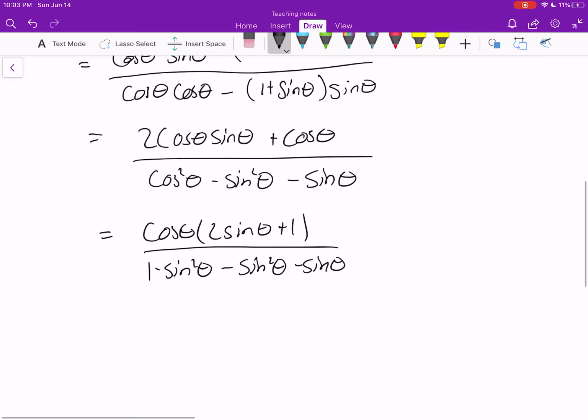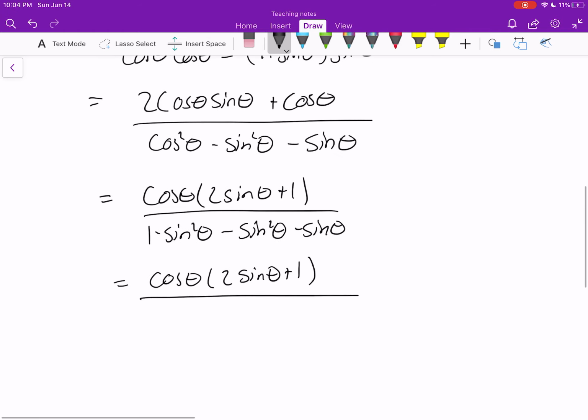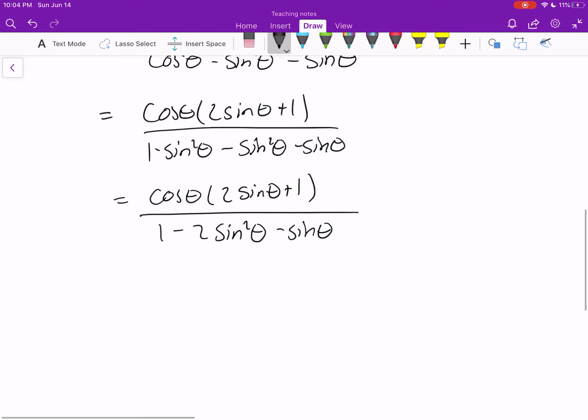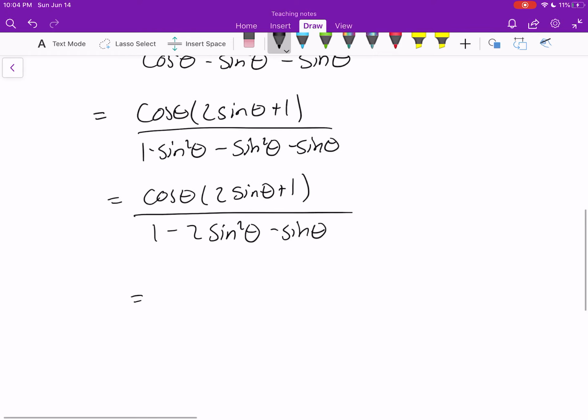That first 1 minus sine squared comes from the fact that cosine squared is 1 minus sine squared. The top I'm going to leave alone from here on out. I'm just simplifying everything to make it easier to work with. Then down bottom, I'm going to have 1 minus 2 sine squared theta minus sine theta. And then the bottom will actually factor now.